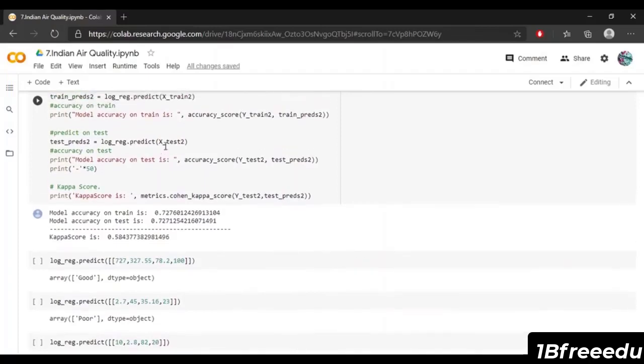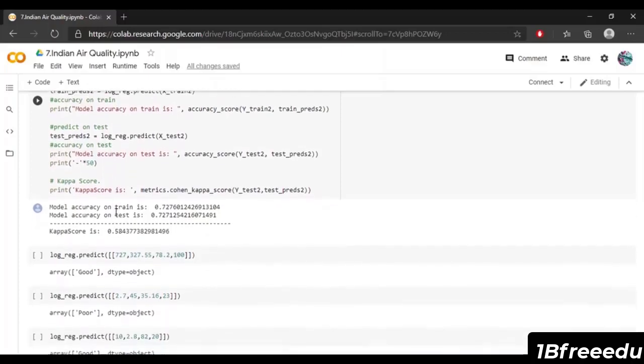Apart from these two, we have used another evaluation metric, which is the kappa score. The kappa score will help us find out how well our model is performing, and it is our evaluation metric which will tell us how well our model has performed.